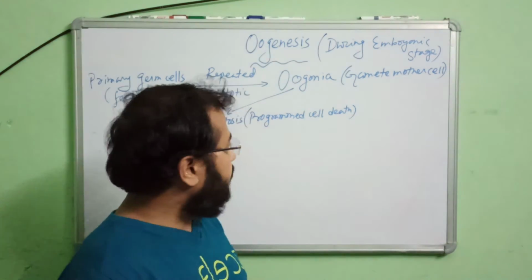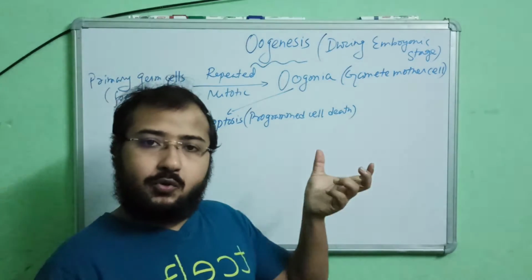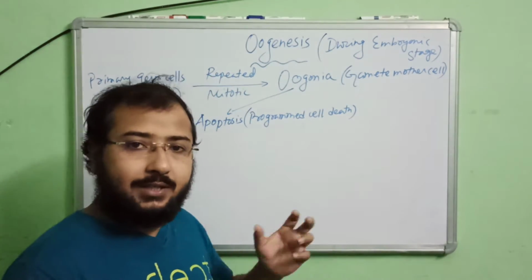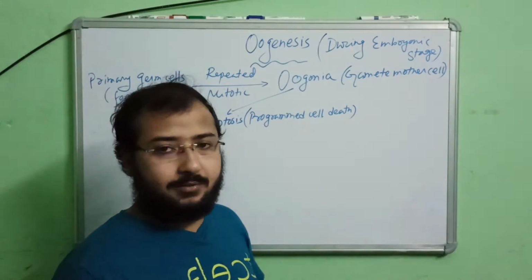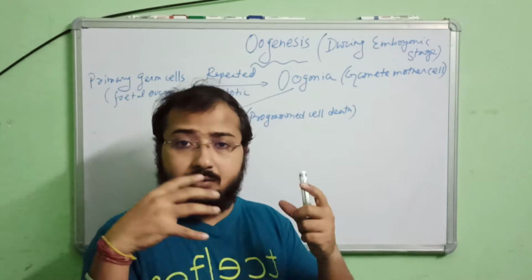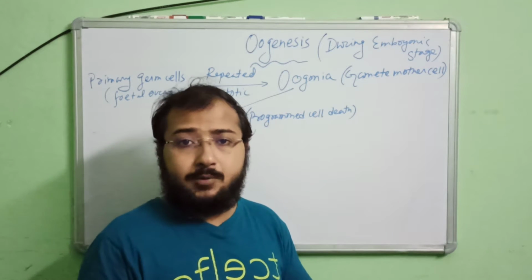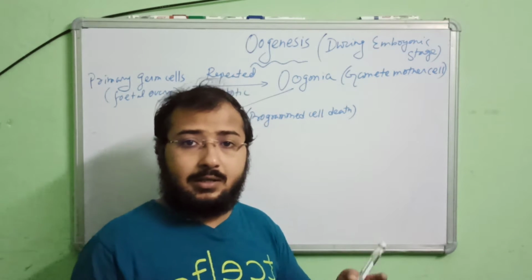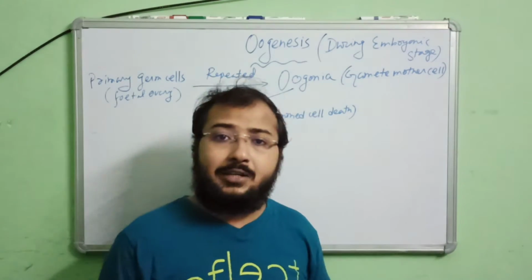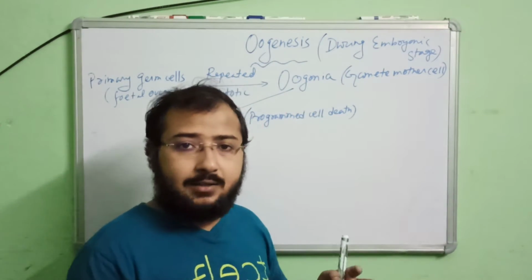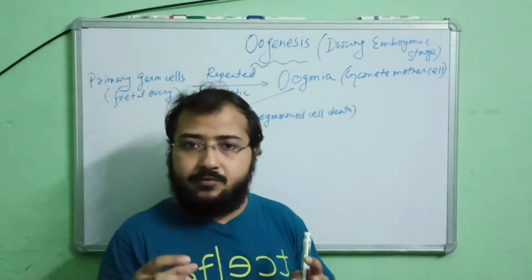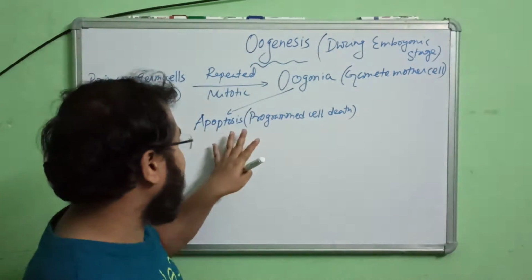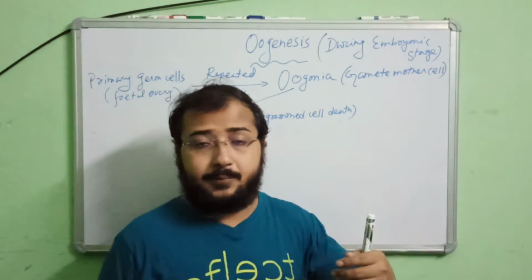Now a little bit about apoptosis I am going to share with you, though it is not part of the reproduction. I mean to say, you don't need to write the details of the apoptosis process while explaining oogenesis. I'm just sharing some information so that you can understand what exactly apoptosis is.